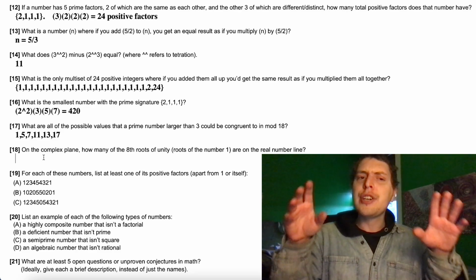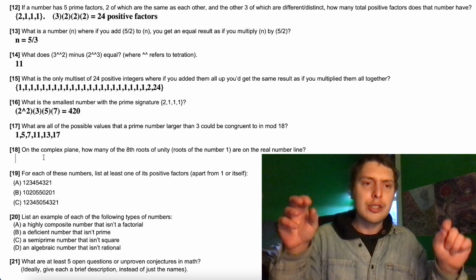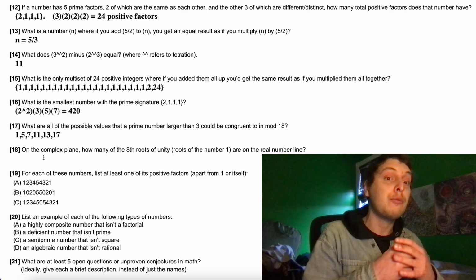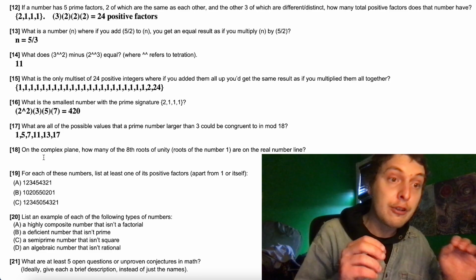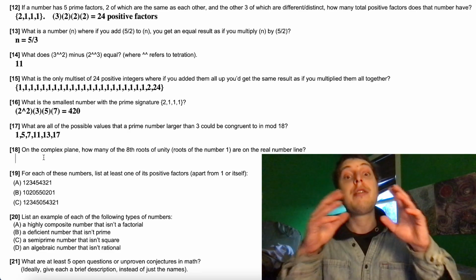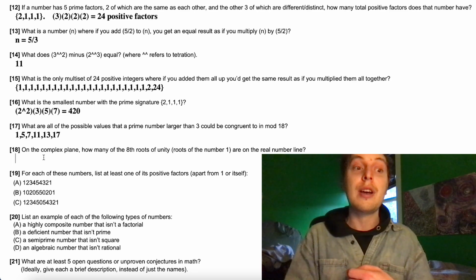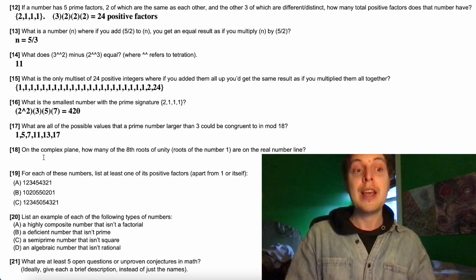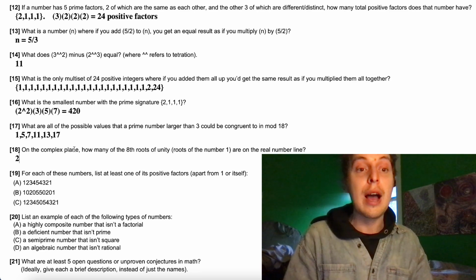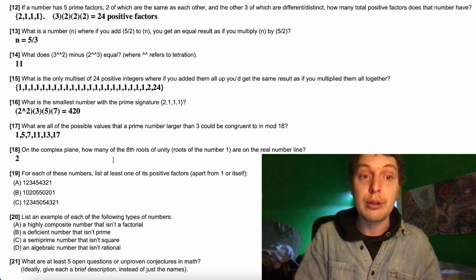And if we imagine 8 evenly spaced dots, 2 of them are on what's called the real number line and have no imaginary component. The numbers that that's true for are the numbers 1 and -1. And so there are 2 out of the 8th roots of unity on the real number line.